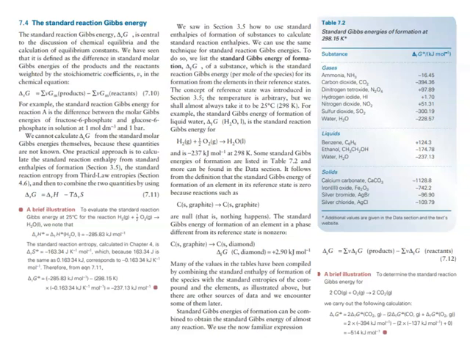For example, the standard reaction Gibbs energy for reaction A is the difference between the molar Gibbs energy of fructose 6-phosphate and glucose 6-phosphate in solution at 1 mole per decimeter cubed and 1 bar. We cannot calculate delta GR from the standard molar Gibbs energies themselves because these quantities aren't known.